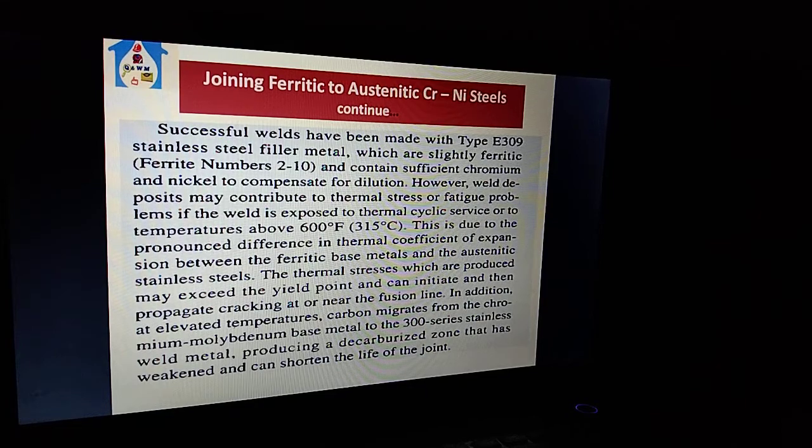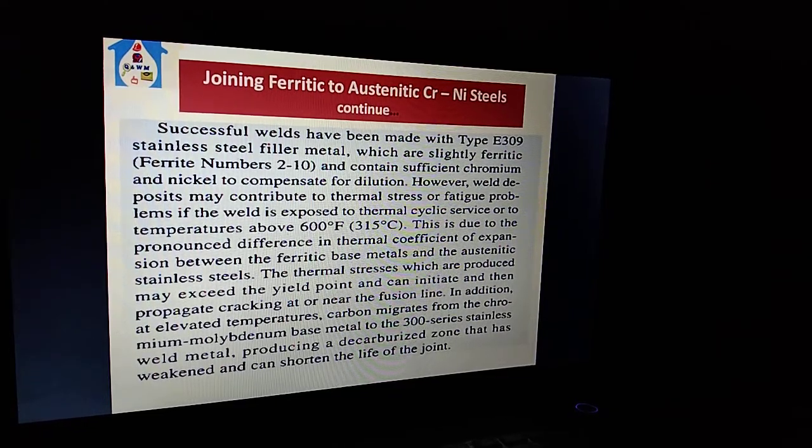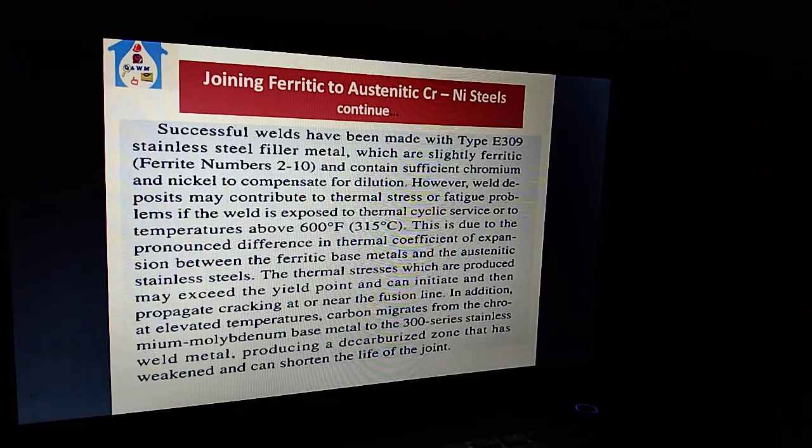However, the weld deposit may contribute to thermal stress or fatigue problems if the weld is exposed to thermal cycle service or to temperatures above 600 degrees Fahrenheit, 315 degrees centigrade. This is due to the pronounced difference in thermal coefficient of expansion between the ferritic base metal and the austenitic stainless steel.